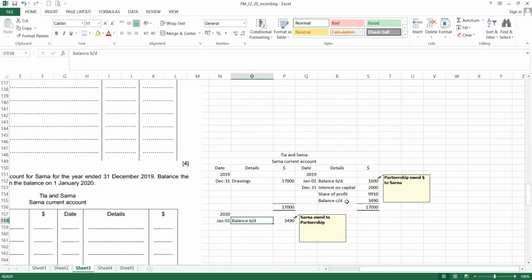So he overdrew his money. Satna overdrew the business money, because Satna owed the partnership. This is the difference between these two. One balance brought down is in the debit, one balance brought down is in the credit. It means that Satna had to pay the partner.